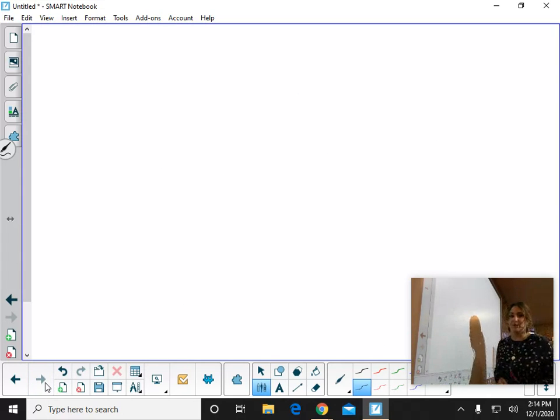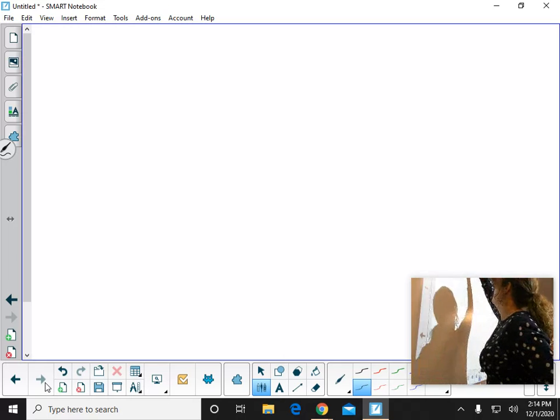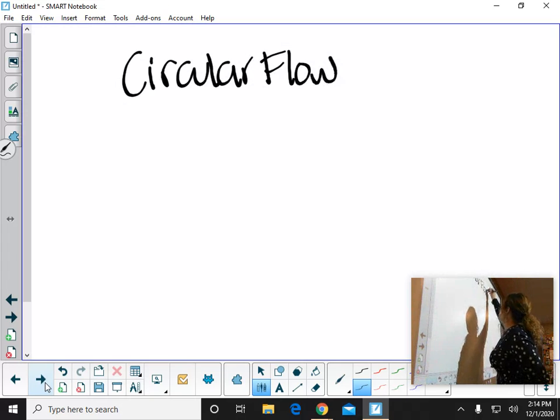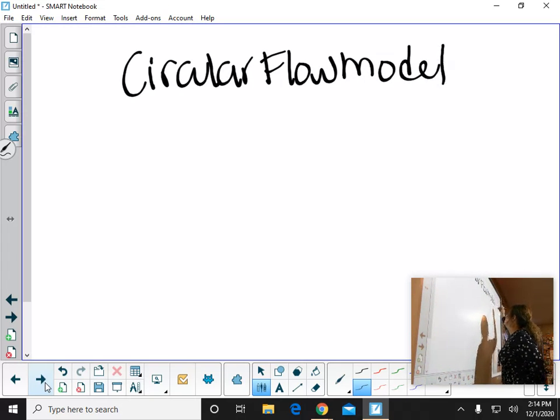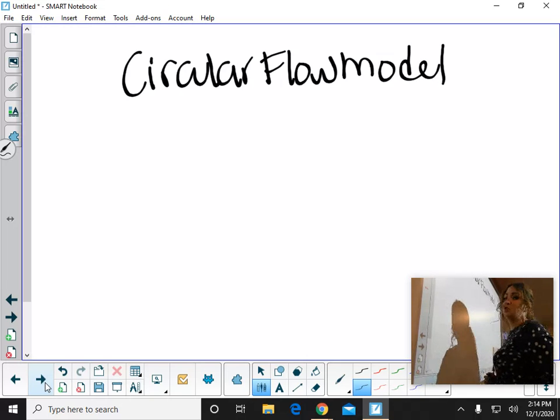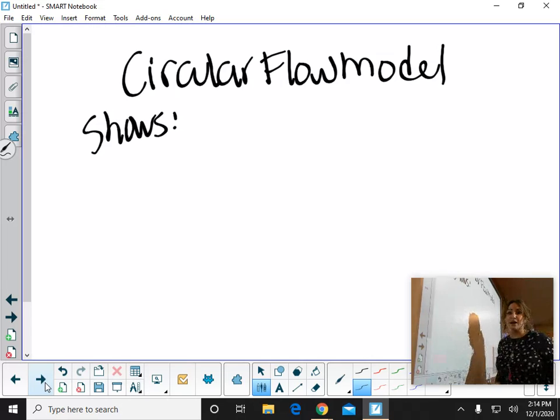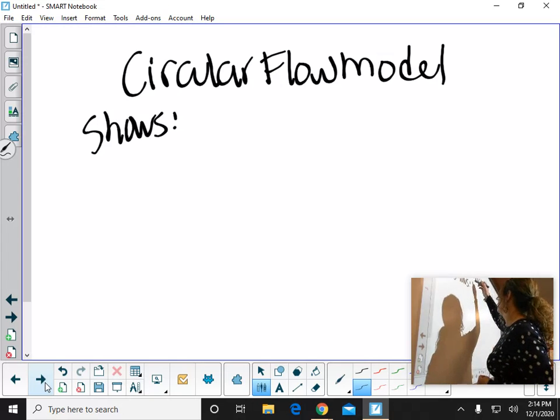The next thing we're going to talk about is the circular flow model. We haven't talked about this in a while, from like first weeks of school. But the circular flow model, what it shows us, it shows how several things flow through the economy, how goods and services, how resources, and how money flow through the economy.